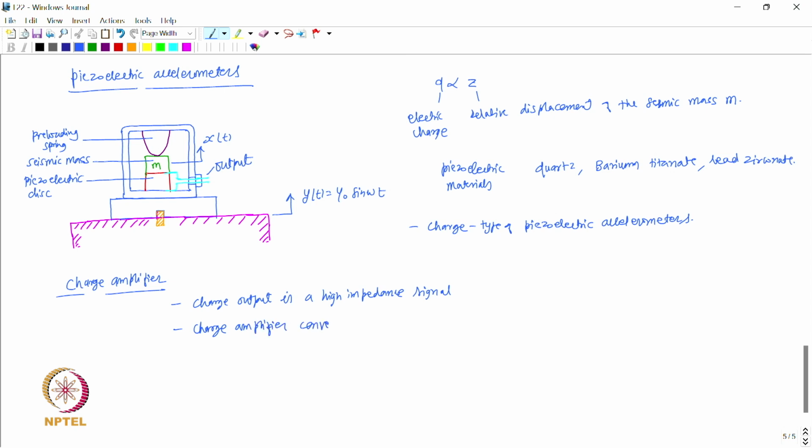The charge amplifier converts the high impedance signal to a low impedance signal, and that output can then be measured using a voltage measuring device.